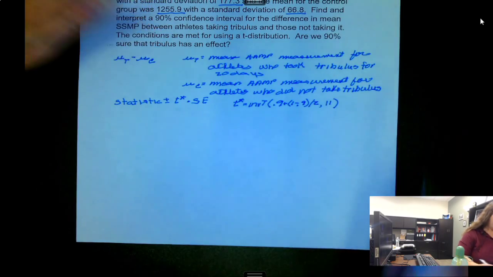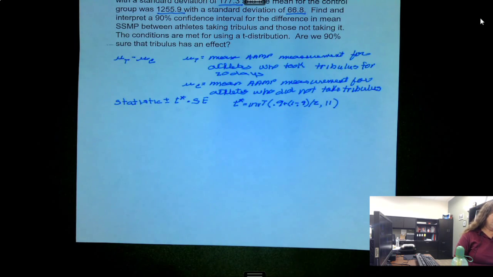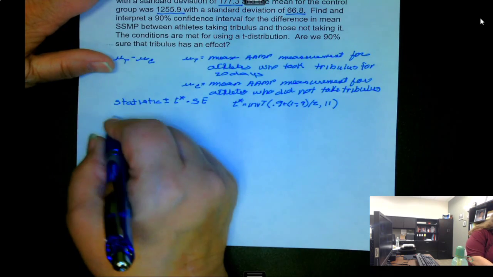And we have degrees of freedom of 11 because when you're comparing two sets of data, the degrees of freedom is one less than the smaller sample size.